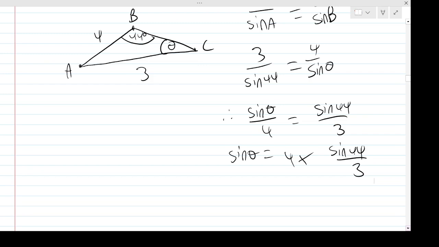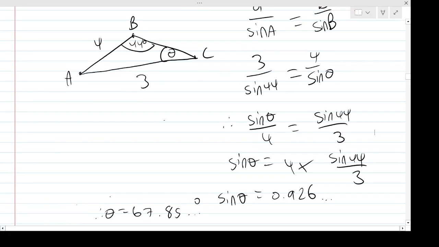If I put all that in the calculator, I get sine theta is 0.926. So therefore then I get theta to be, if I inverse sine, 67.85. So I'll just leave it at 67.85 degrees. Okay, so we got this angle theta.